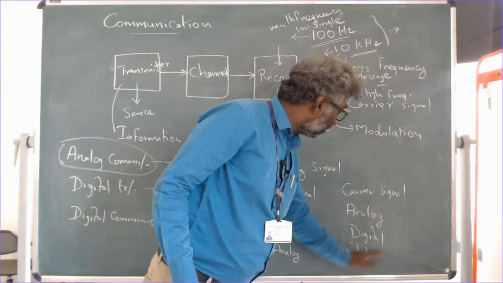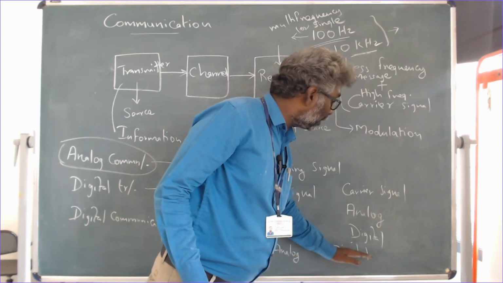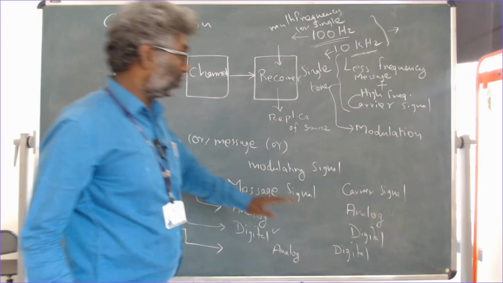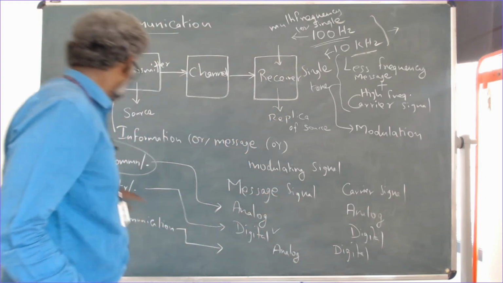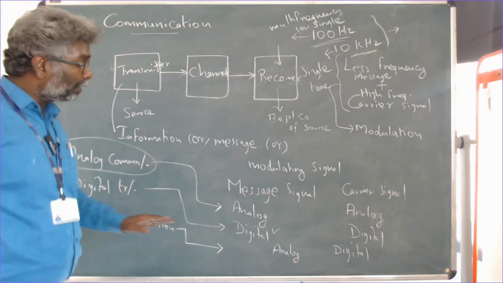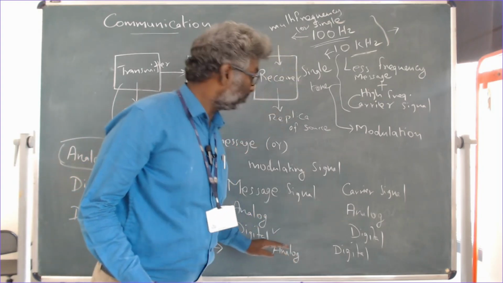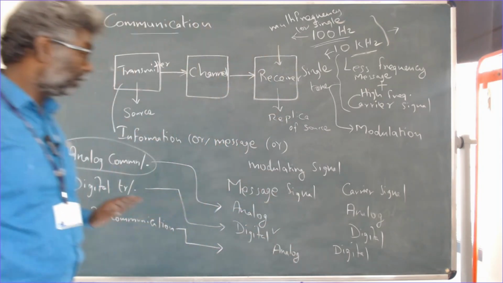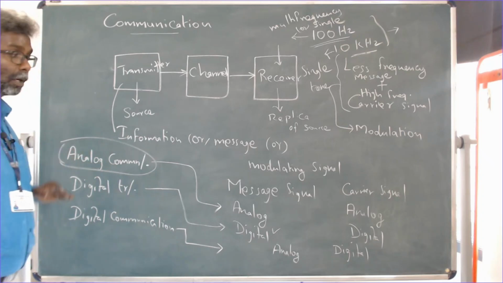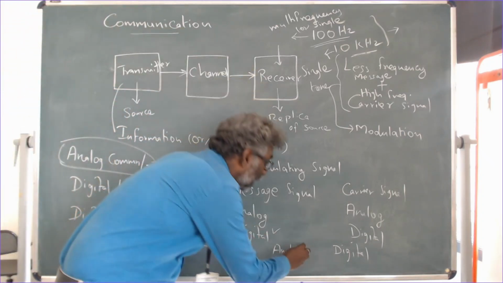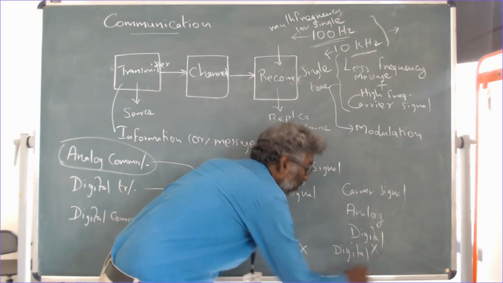If you have a digital carrier, then it is not possible to propagate through free space. That is the problem with digital transmission. Similarly, if you are using an analog message, you also face a problem related to analog communication, that is, it has less accuracy. So we never prefer an analog message with digital transmission.